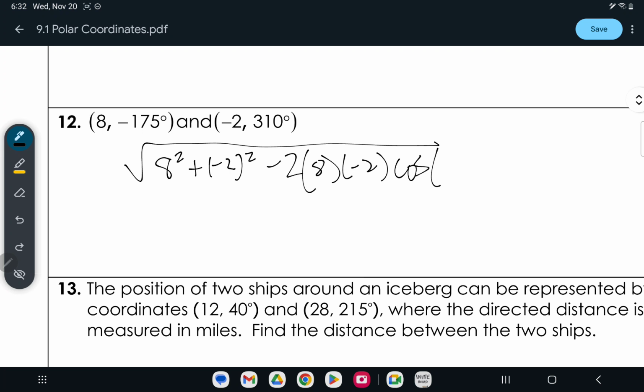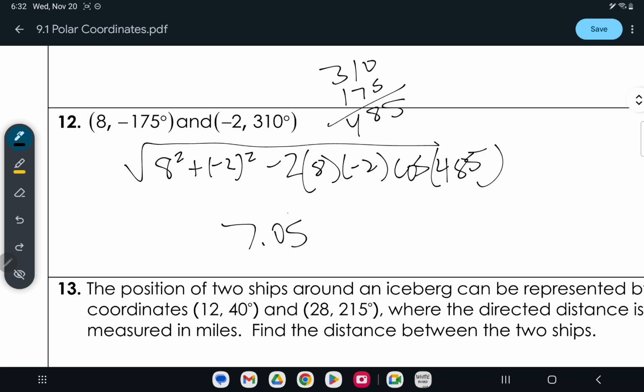So 310 minus negative 175. So it's really plus. So cosine of 485. And we get, after plugging all that in, 7.05.